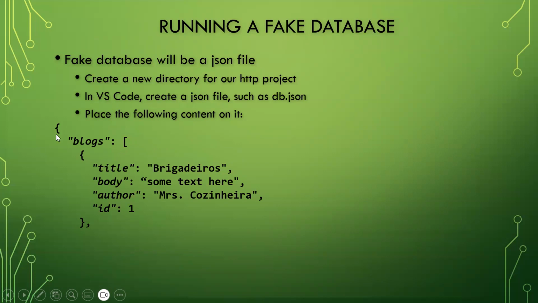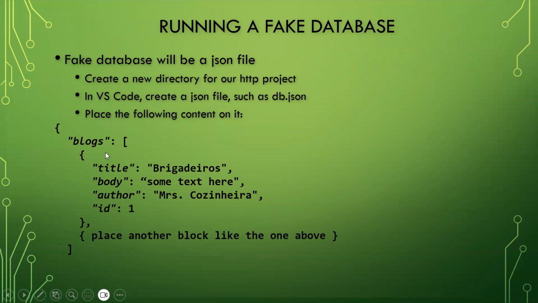So you have curly brackets there, and then you have a series of keys and values. In this case, you put the key here and then separate it by the colon. And then you have a series of objects inside that are the values, in an array. And basically that's it.